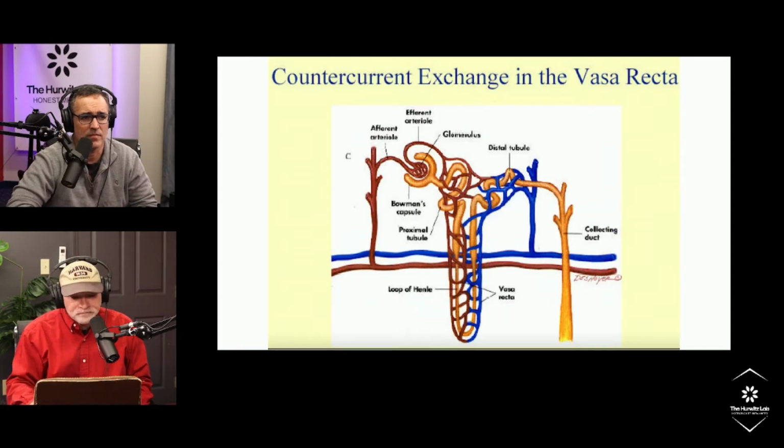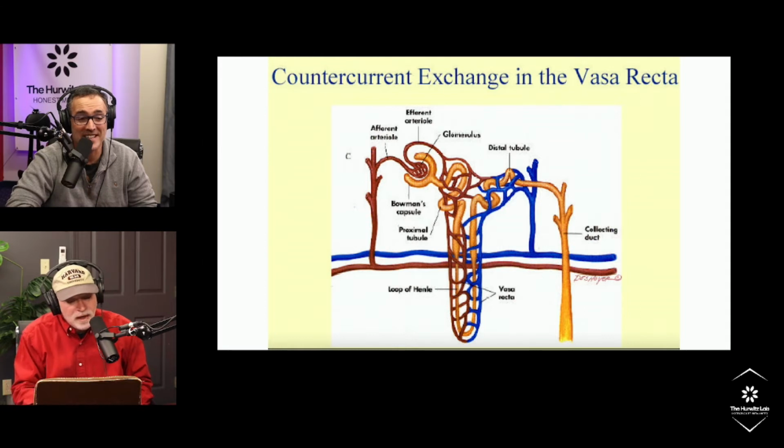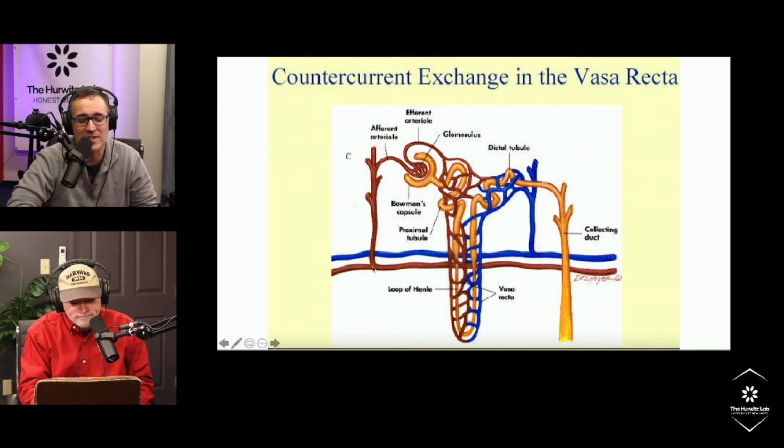Yes. Okay. Now here's a slide for you. Oftentimes we see figures where the nephron is simplified to just the tan part. Right, exactly. And I love this picture. What I love is that it shows the beautiful interplay of the microcirculation there. You've got the arcuate artery here, and it's arcuate because it's going this way.